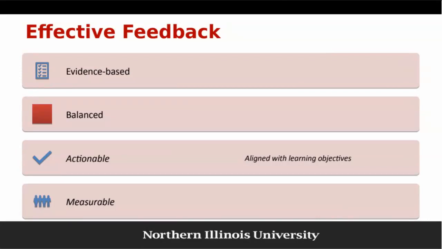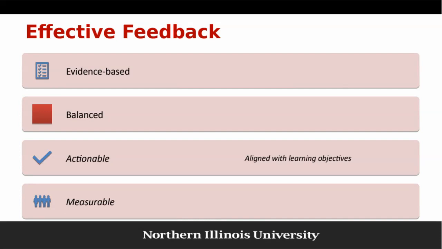And some of the standards for effective feedback are that it should be evidence-based. So you want to make sure that you have an example of something from their work and then tie it to the standards or the rubric, the course material, something that they can connect. There's evidence to show, okay, this needs to be revised.